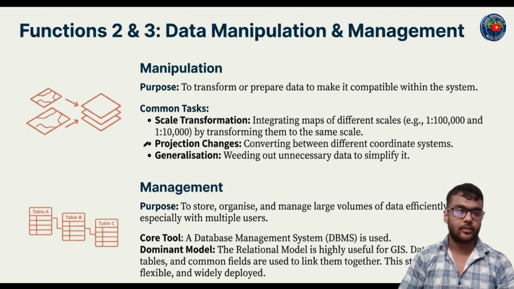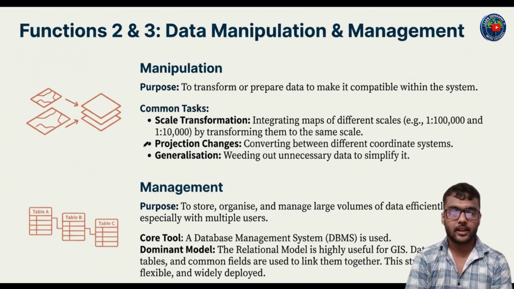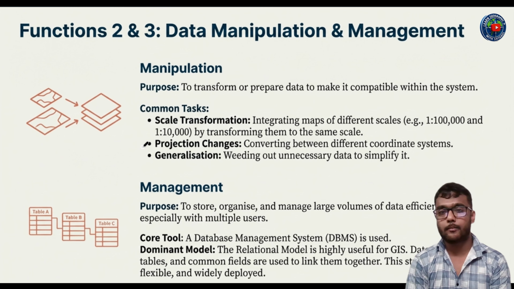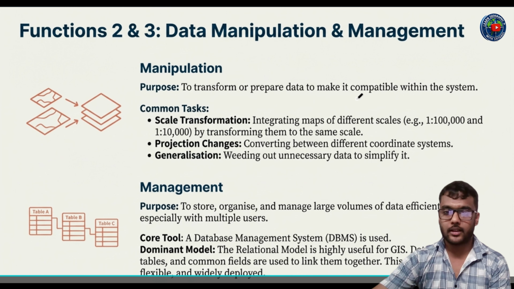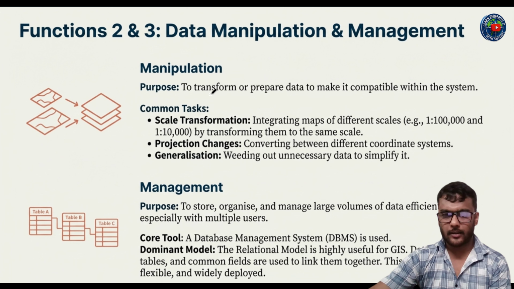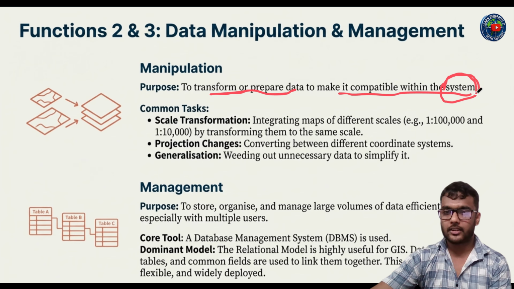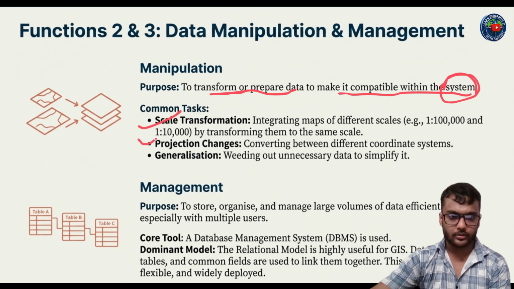Then the next methods, data manipulation and management. It is performed to transform or operate on data to make it compatible within the system. Okay, after downloading the data, we have to transform and prepare it to make it compatible with the system. System means your own laptop or GIS device. Common tasks are scale transformation, projection, and generalization.